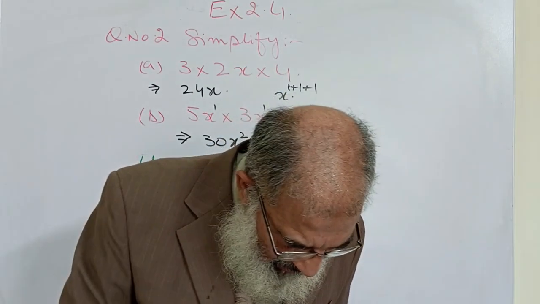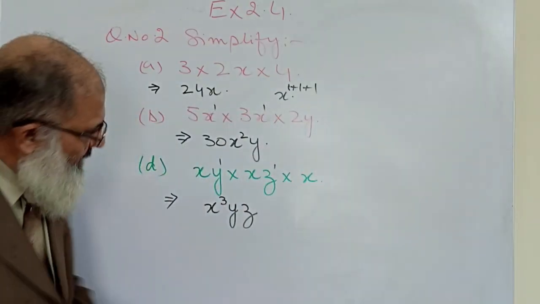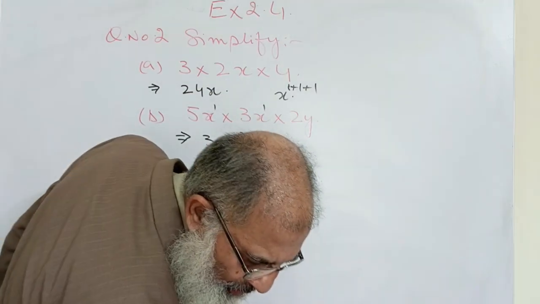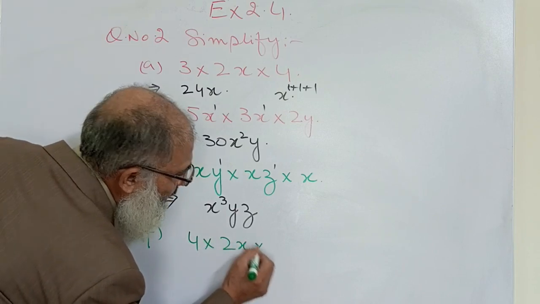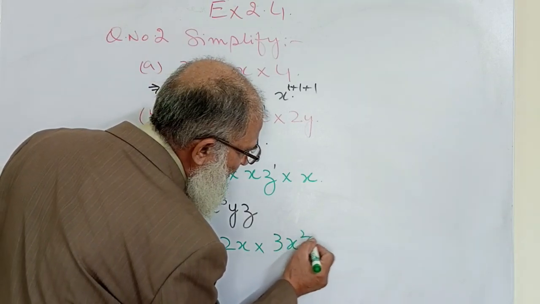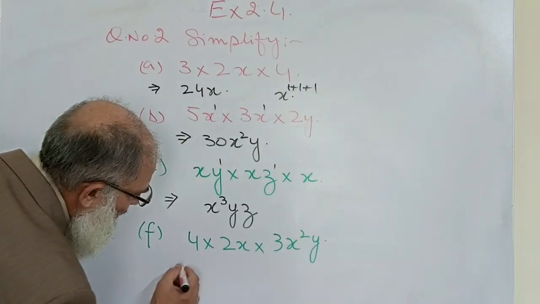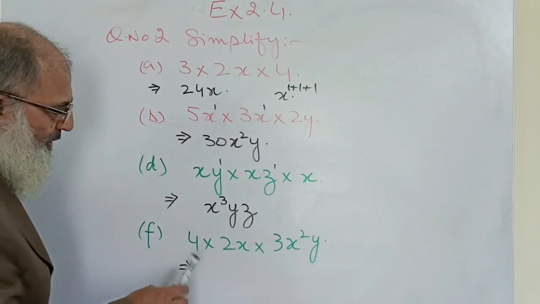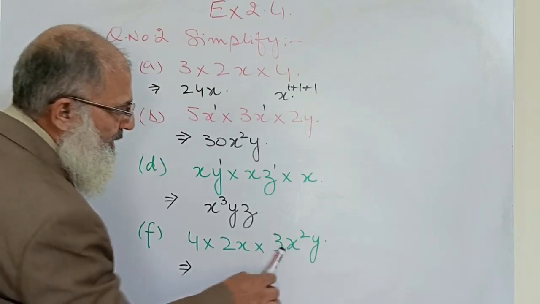All other questions are very easy, but I will try to solve some of them for you, and that is part F. F is 4 multiplied by 2x multiplied by 3x square y. Now go for the multiplication of the constants and the coefficients. 4 times 2 is 8, 8 times 3 is 24.